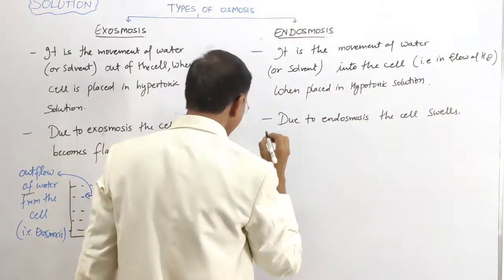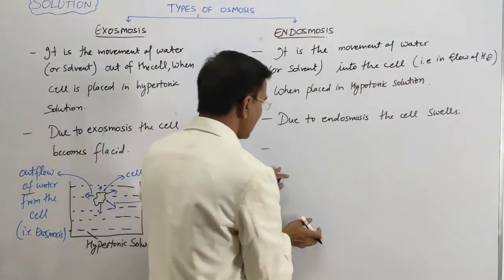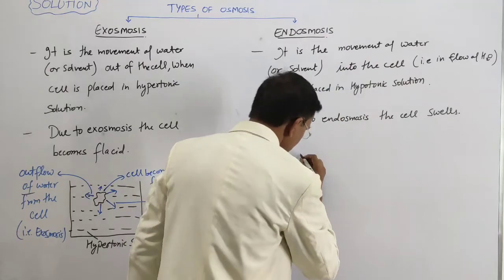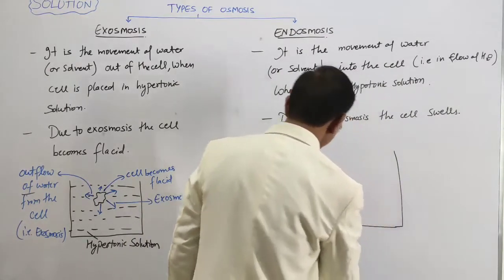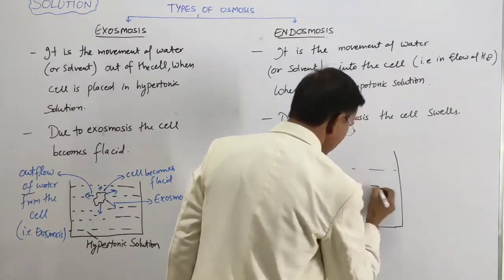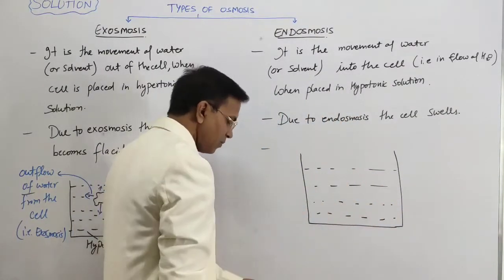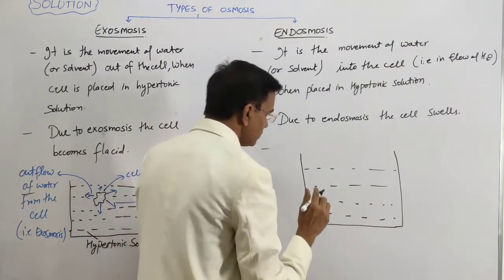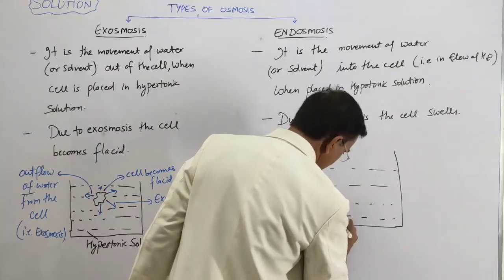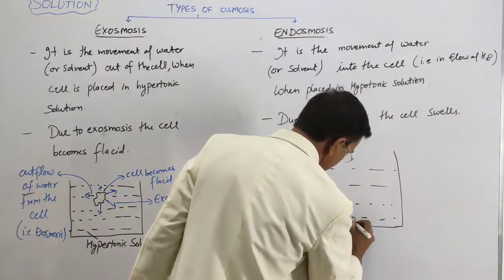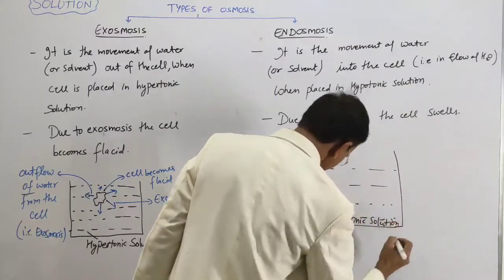Clear? Now I am going to draw the diagram here for the endosmosis. So it is like this. Suppose this is the hypotonic solution, right?